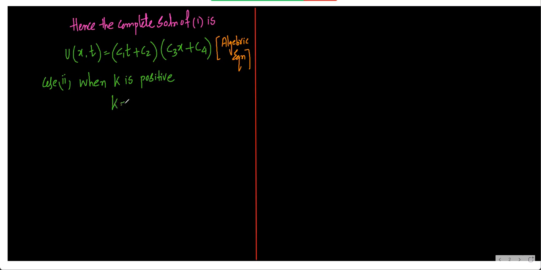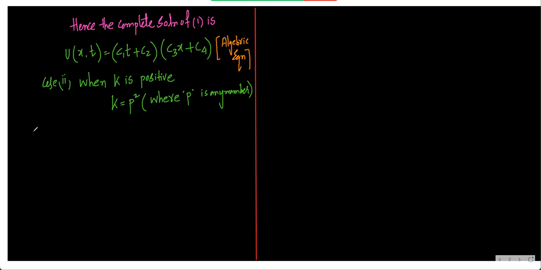I am assuming K is equal to some p square, because if you take any number and make it a square, definitely the term will become positive only. The term is always positive, where p is any number. So in this case we start by assuming that k is equal to p square.